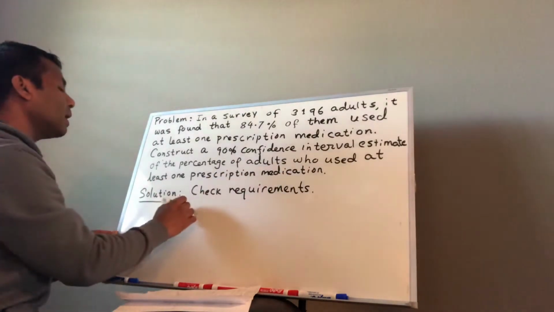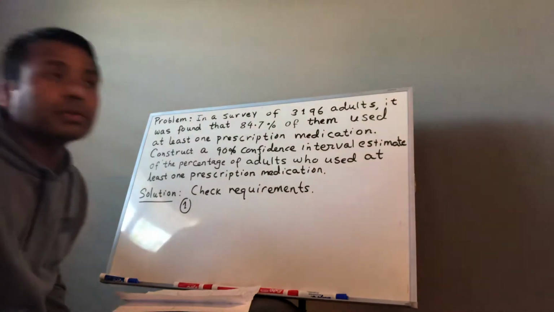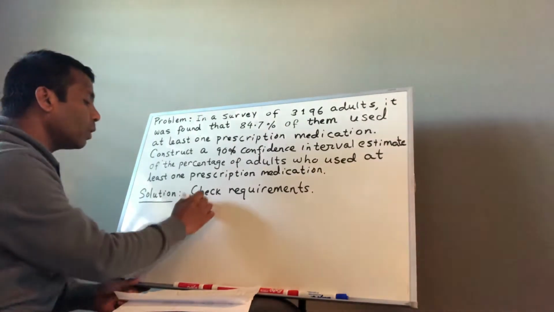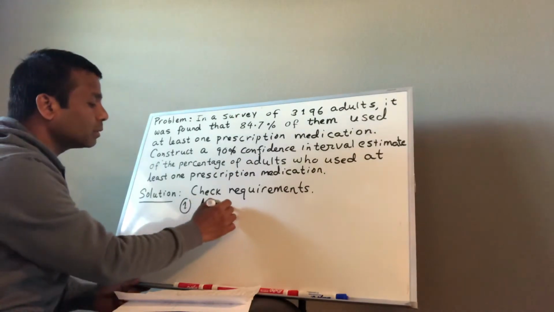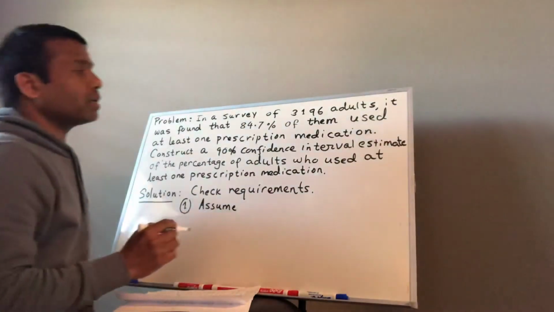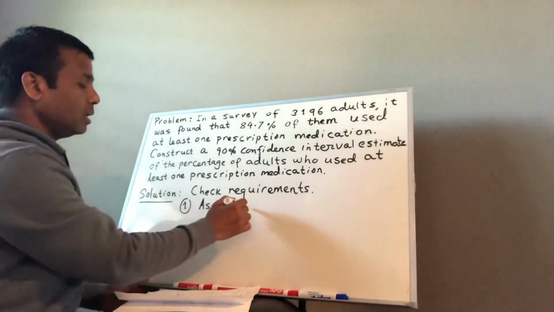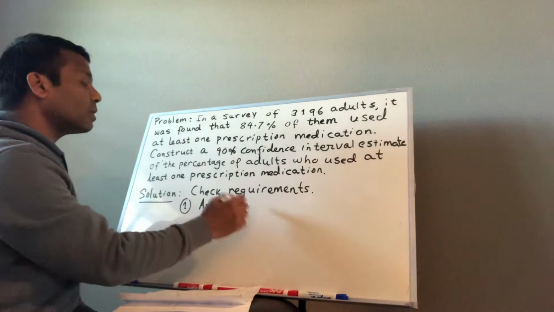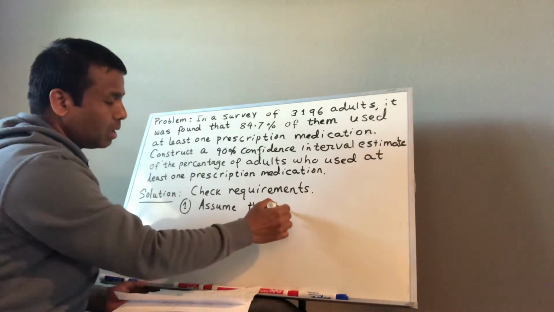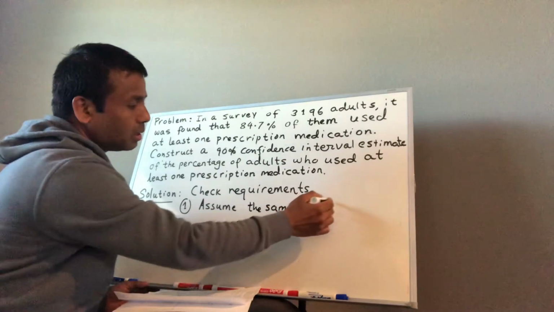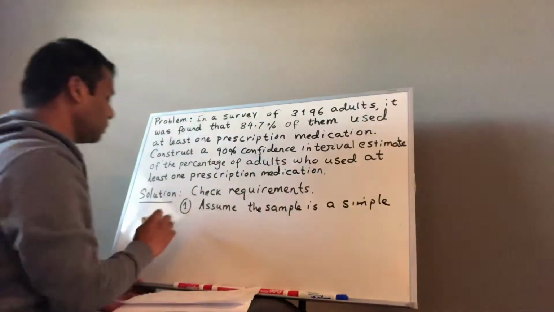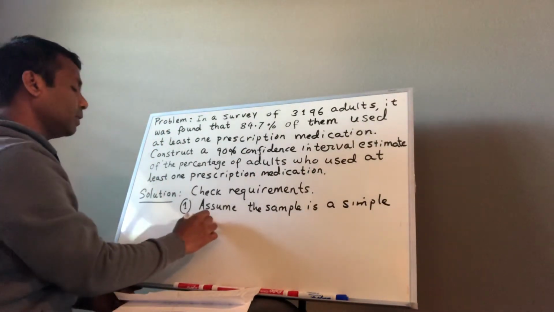The first one is the sample. It must be a simple random sample, and we assume this sample of 3,196 adults is a simple random sample. Okay, so this is a simple random sample.